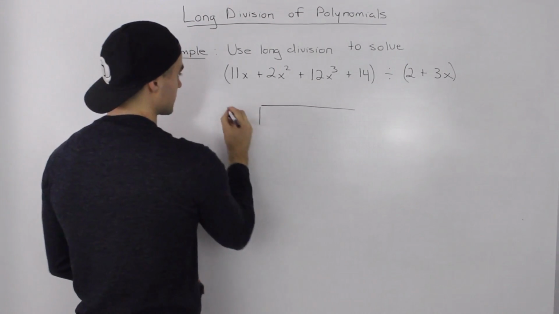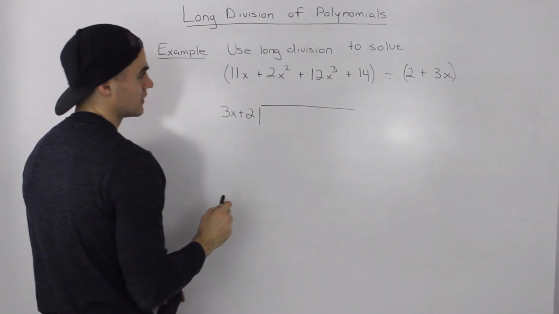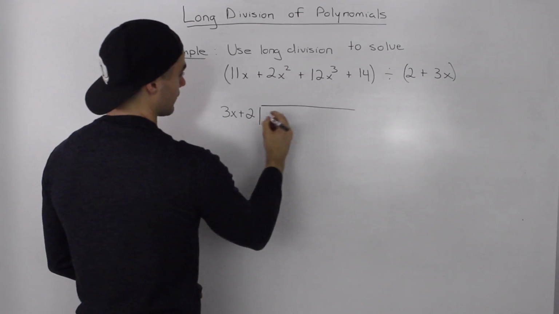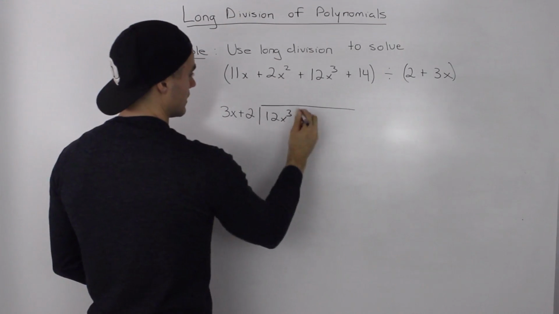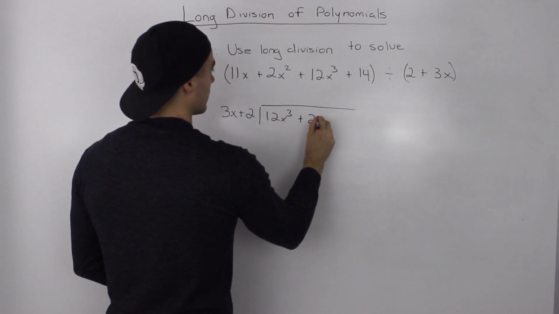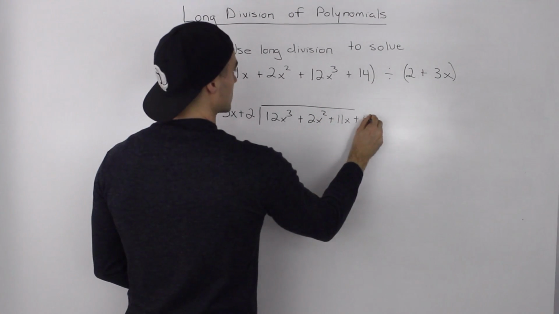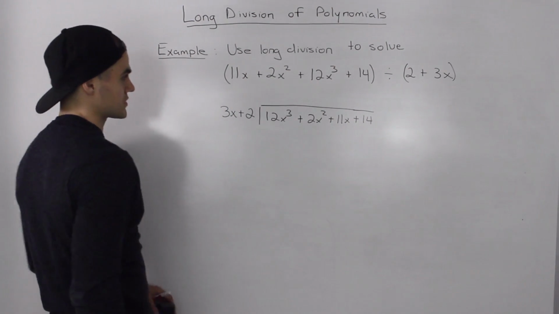This 2 plus 3x we would rewrite as 3x plus 2. And then notice how this dividend here, we can also rearrange. The 12x cubed should come first because that's the highest exponent. Then the 2x squared, then the 11x, then the 14. Alright, so always make sure highest degree to lowest degree.